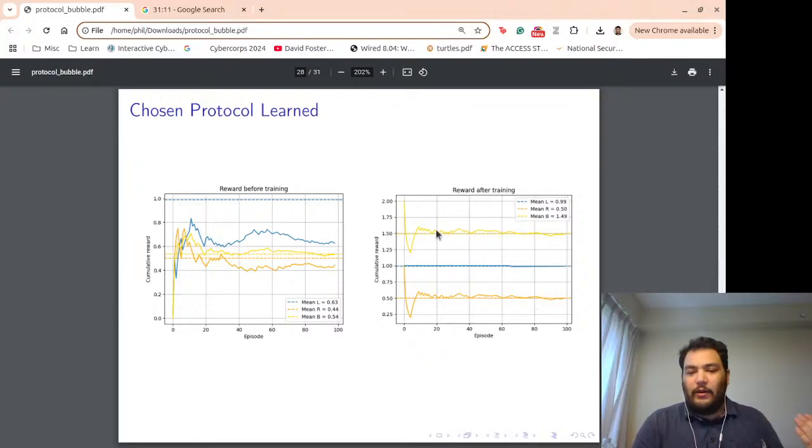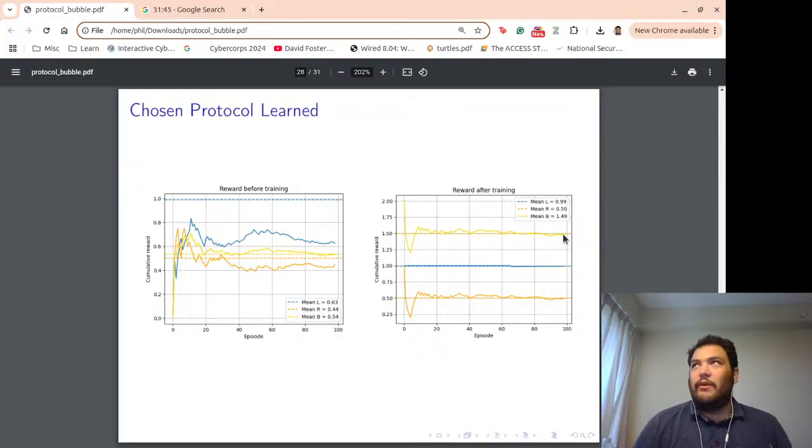And the other instance, the blue one, is showing that it got a reward of 1 pretty consistently. And so their sum added up to around 1.5. It was really close. It was 1.49.